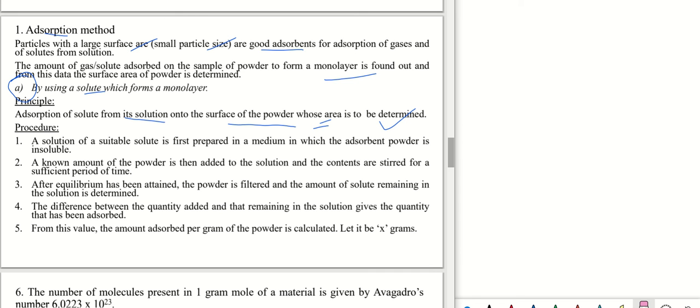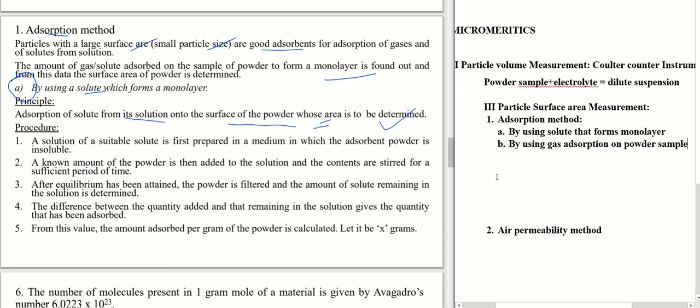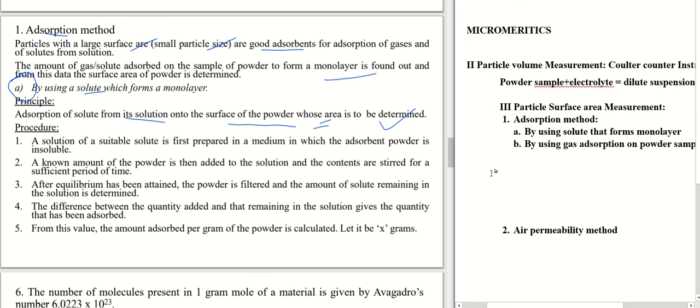Now we will be having a sample. Let's discuss the first method, using a solute that forms a monolayer.